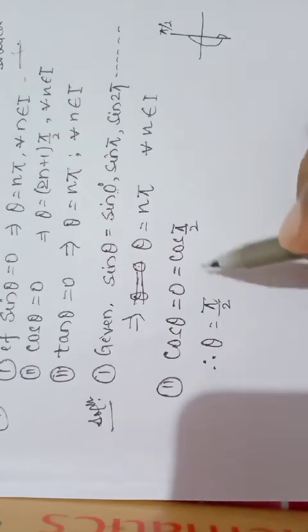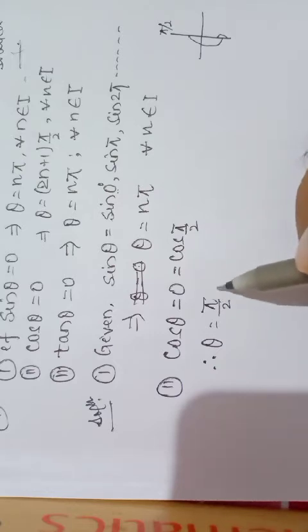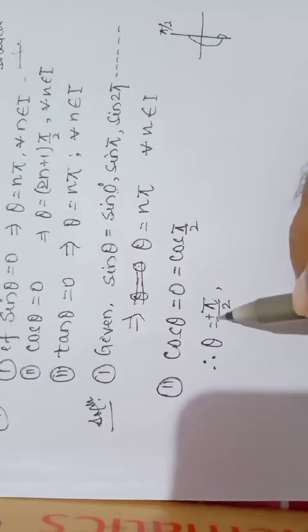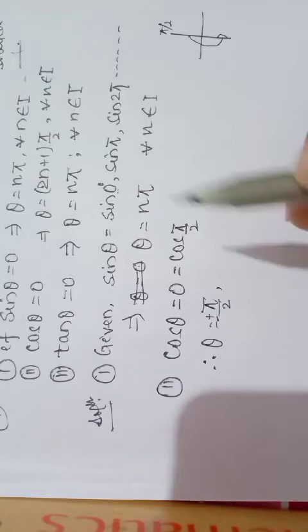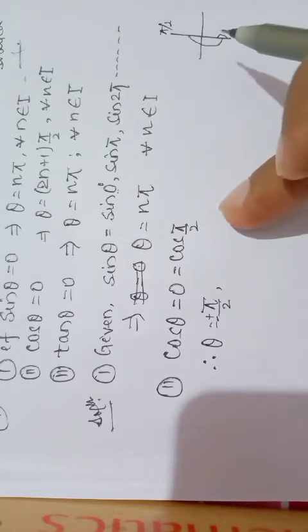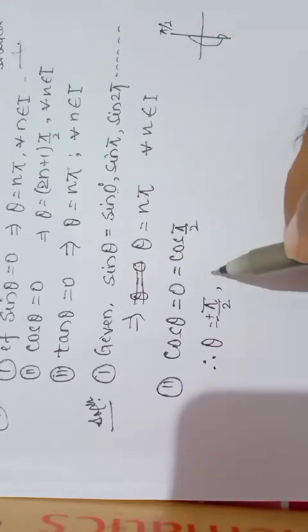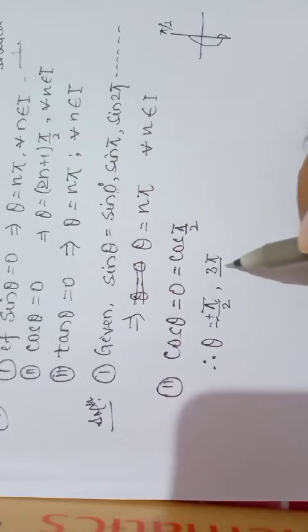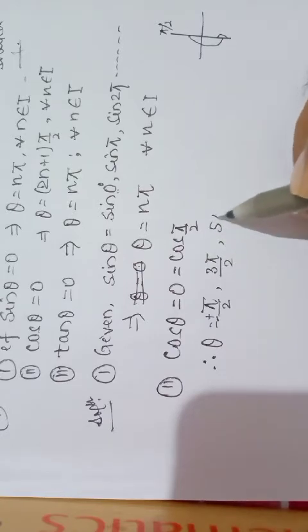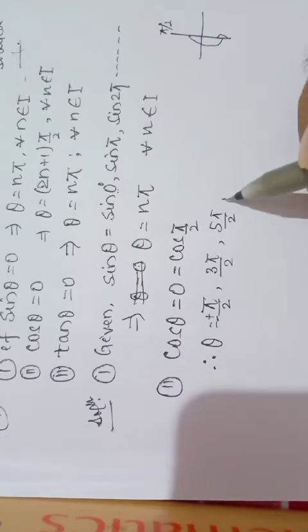then plus minus 3 pi by 2, 5 pi by 2, and so on.